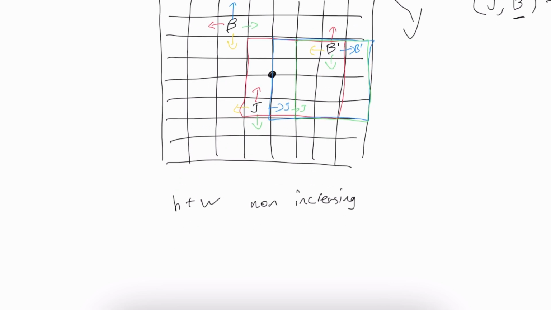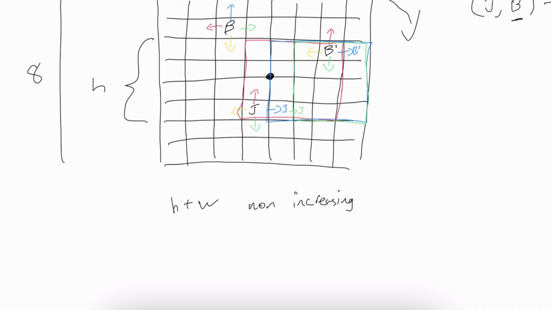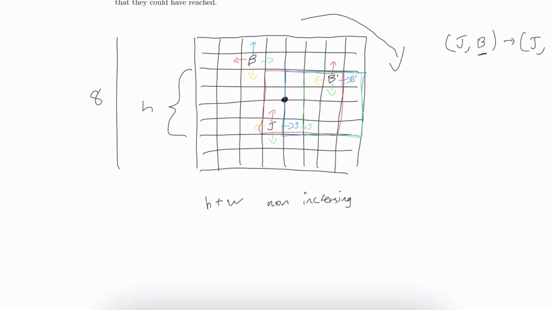Well, if its height is h and the entire length of the box is 8, then there are just 9 minus h ways to move up and down.